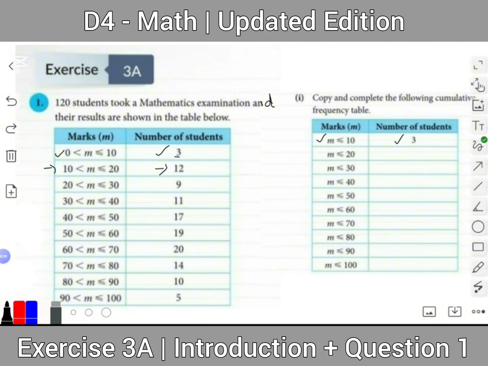If we are going to get all of those students, then we need the marks from 0 to 20. And we could just add on 12 to the last one, which was 3. So 3 plus 12 gives us the cumulative frequency of 15.